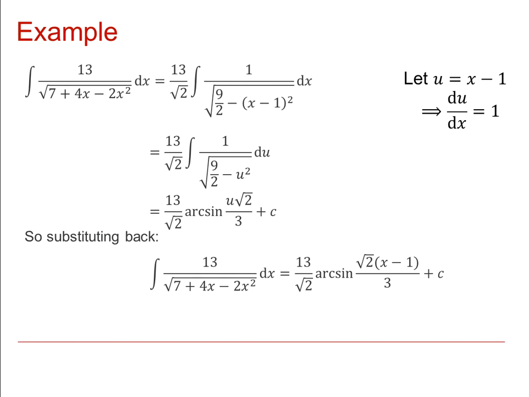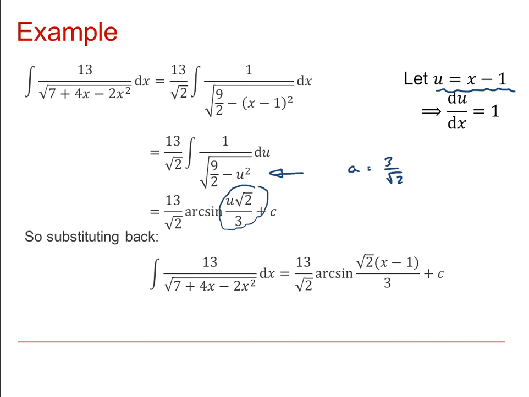So you can see that in this particular case then we've used the substitution x minus 1, and that gave us an expression here where we could use the standard integral, because we know that a here is equal to 3 over root 2, and therefore we get u over a, so u root 2 over 3, and substituting back in.